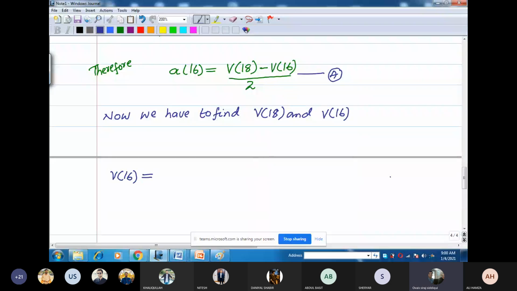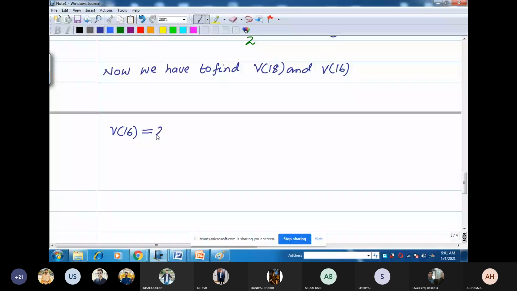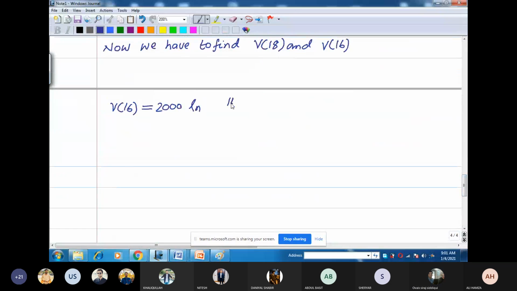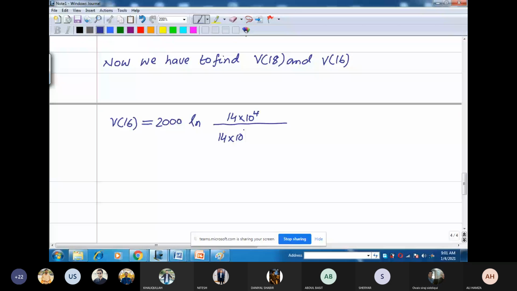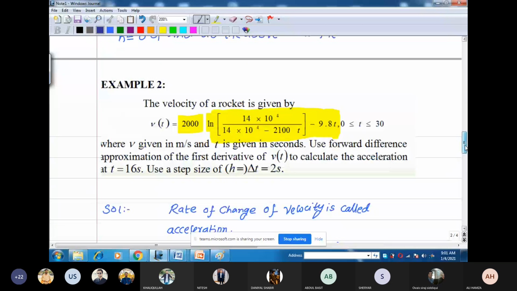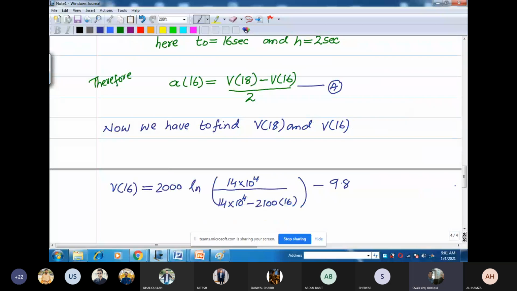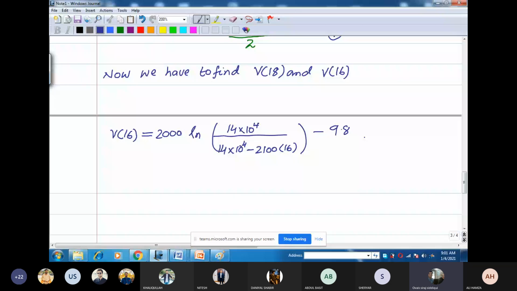V of 16 is actually equal to 2000 ln of 14 into 10 to the power 4 divided by 14 into 10 to the power 4 minus 2100 t, t की जगह पे 16, and whole of thing minus 9.8 times t, t is 16. Here we can approximate the value.